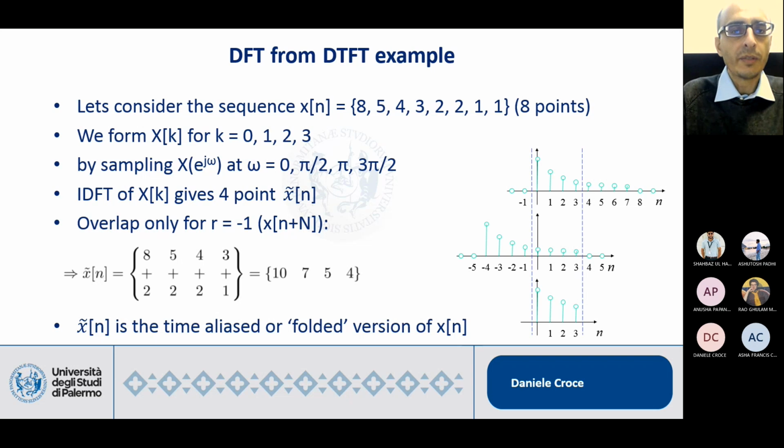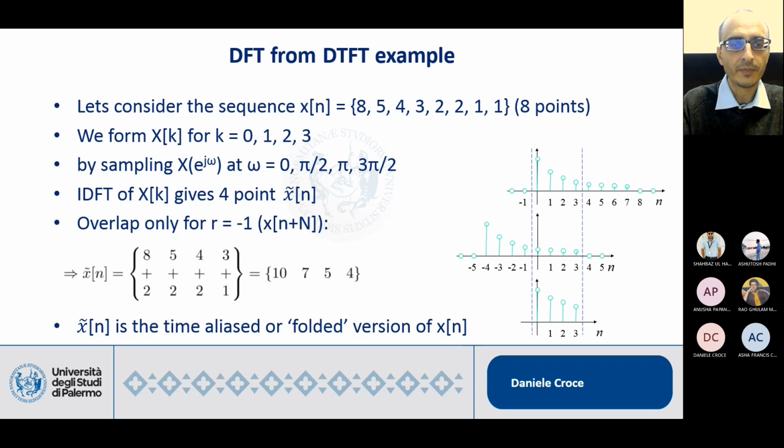And since there are only 4 points, in those 4 points there will be an overlap of the original sequence plus the periodic repetition for r equal to -1. So there is a repetition, but the repetition goes outside the interval from 0 to 3, sorry.